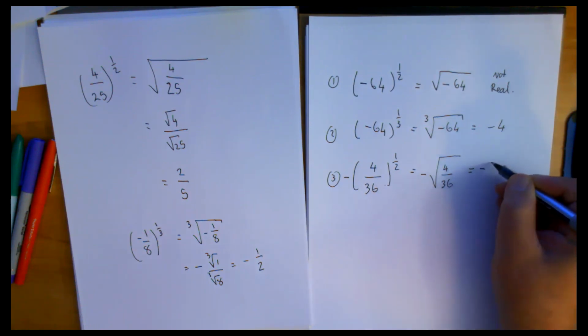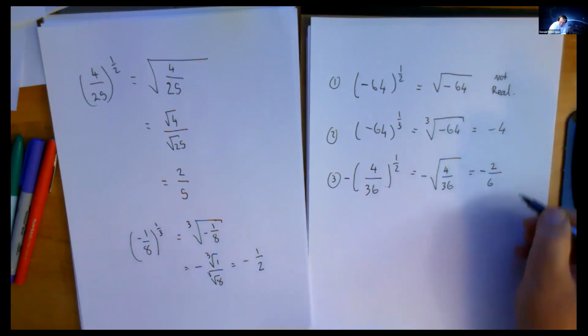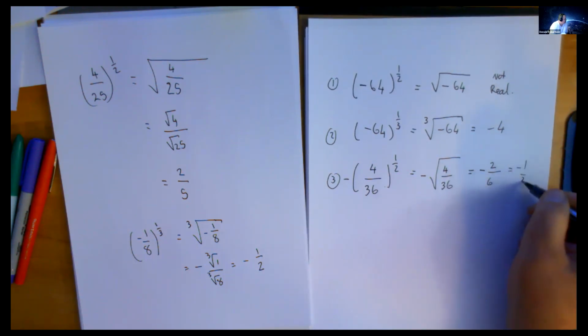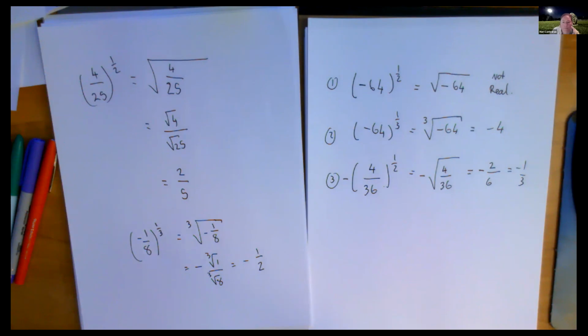Oh, you did better than I thought. You went right to the simplified version. 2/6 becomes a third. Are we comfortable so far with what fractional powers are doing? It looks like from the answers I'm getting the correct answer, which is a good sign.